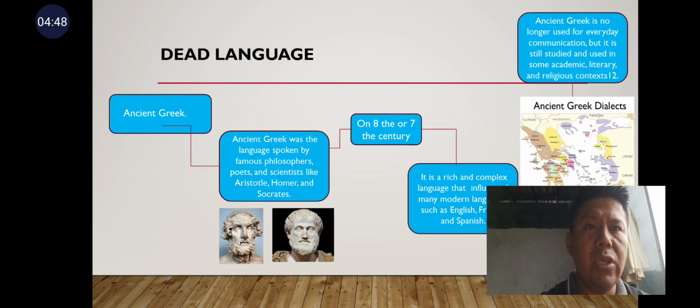Let's continue. In this next slide, I have an example of a dead language. Ancient Greek is a dead language. It was spoken by philosophers, poets, and scientists like Aristotle, Homer, and Socrates, around the 8th or 7th century.